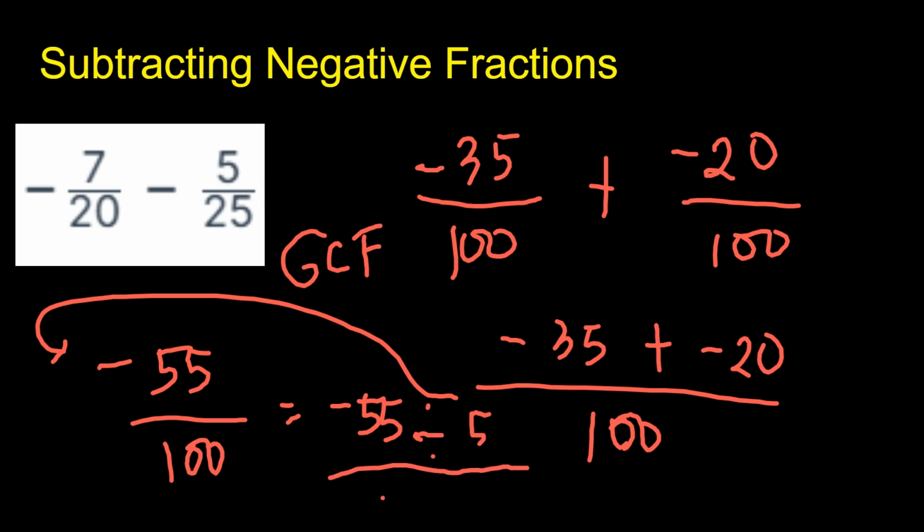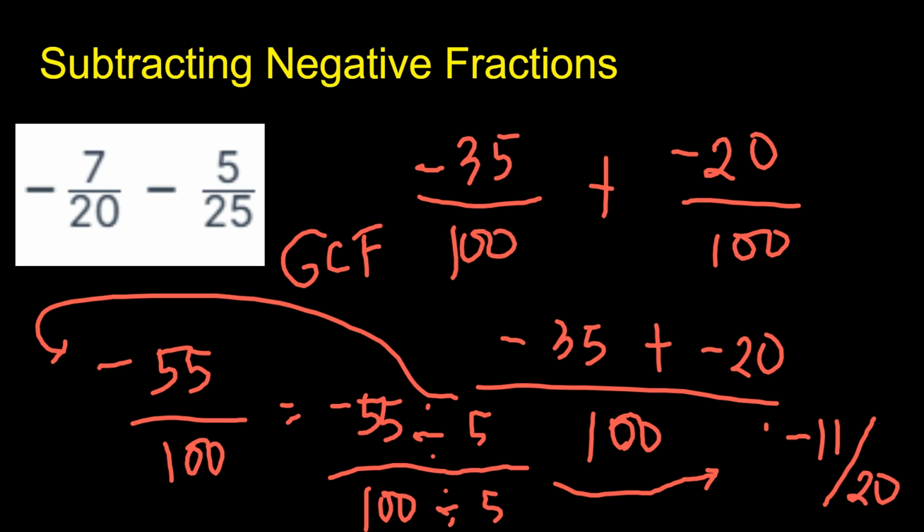So negative 55 divided by 5 over 100 divided by 5 gives us an answer of negative 11 over 20. That is our answer.